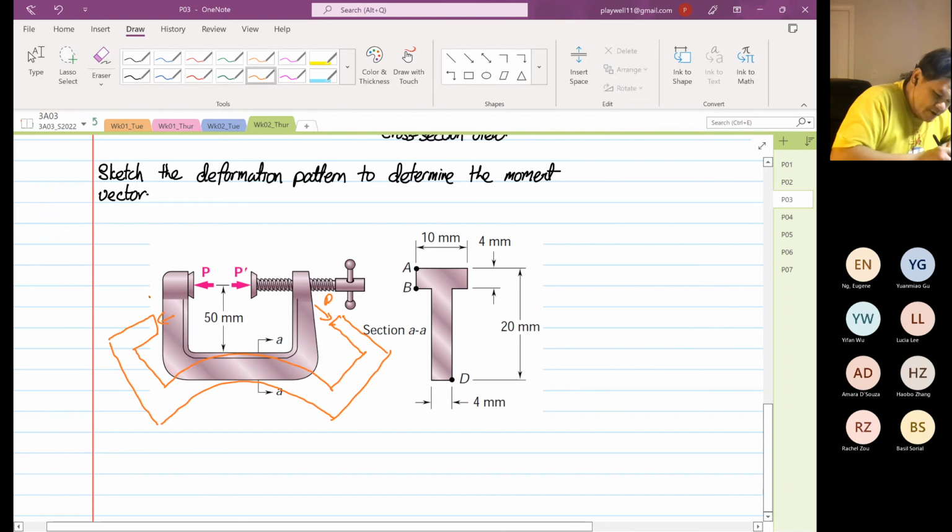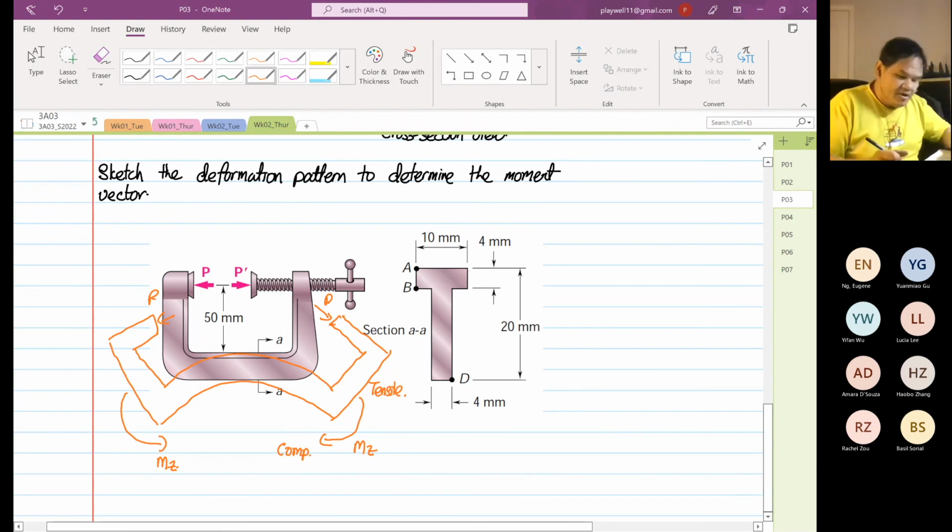Right, P is acting outwards. Right, so you know the moment vector is going to act this way. Right, and this is moment about Z, and then you know that the head of the moment vector is going to be compression. The tail end is going to be in what? Tension.